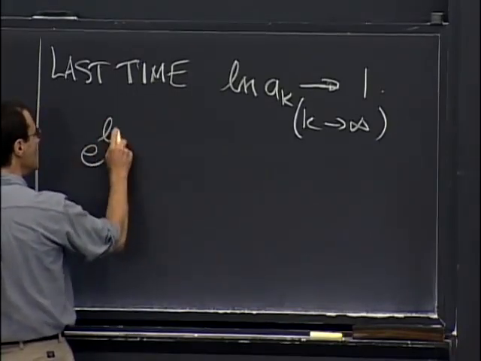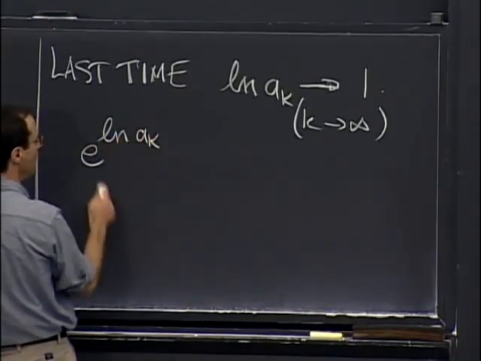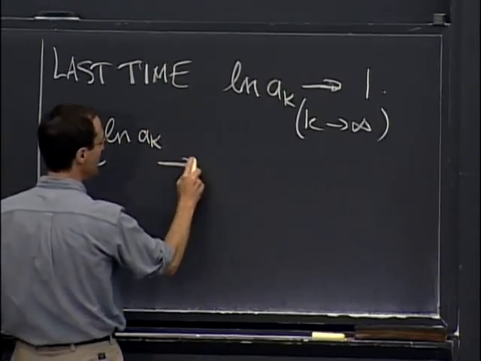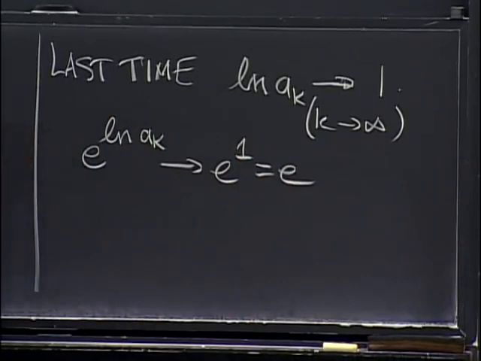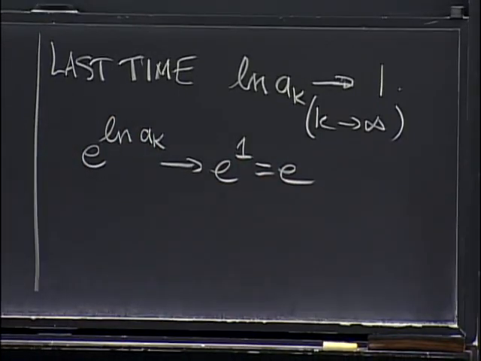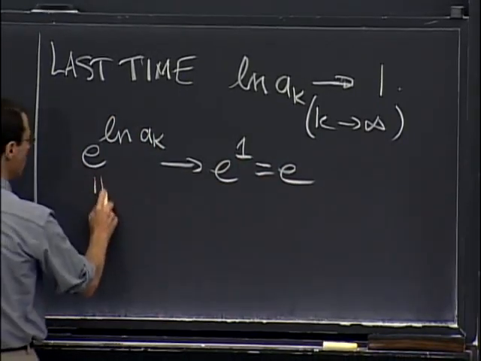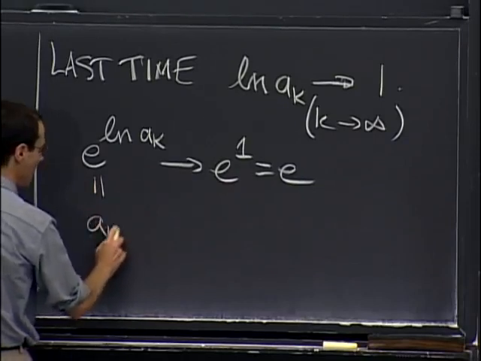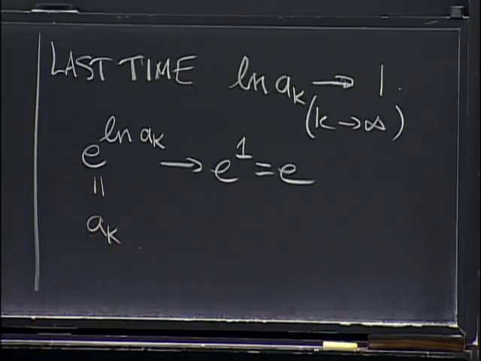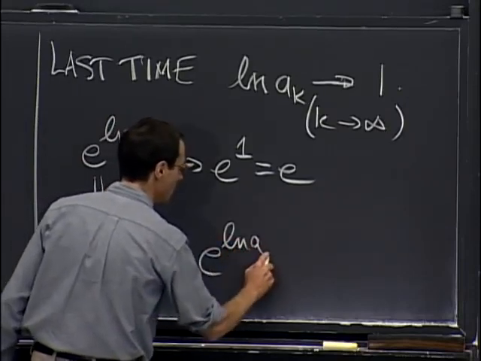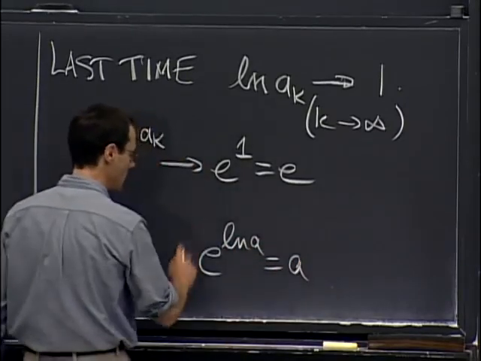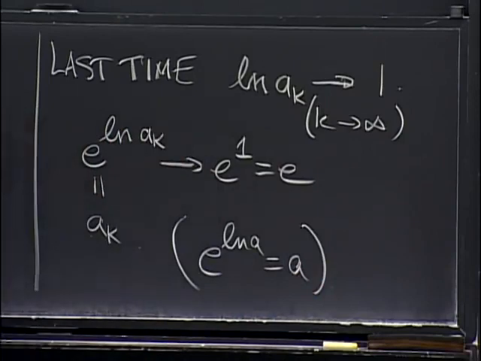If you exponentiate this fact, you take e to this power, that's going to tend to e to the first power, which is just e. And then we just observe that this is the same as a_k. So the basic ingredient here is that e to the log a is equal to a. That's because the log function is the inverse of the exponential function.